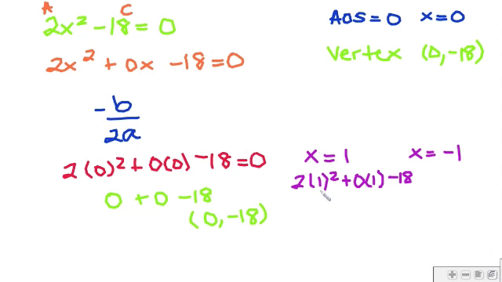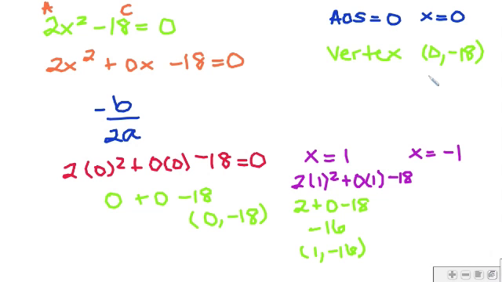Simplify that down. 1 times 1 is 1, times 2 is 2, plus 0 times 1 is 0, minus 18. 2 take away 18 is going to be negative 16. So my point here will be 1, negative 16.